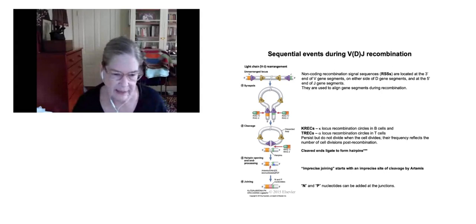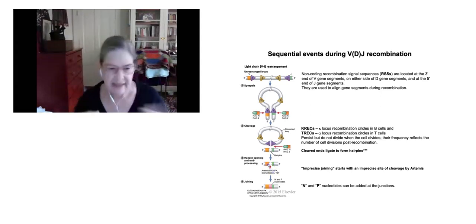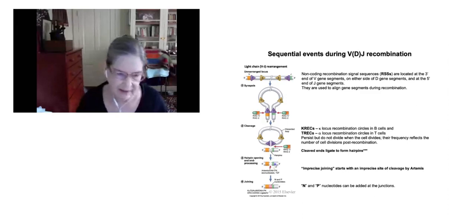So basically, then these guys are going to get clipped in an imprecise way. They get clipped, and I'll show you in the next picture. And as a result, then, you can add what we call N and P nucleotides on either end of the joining, which is this guy that's pink right here, and then it all gets ligated together.